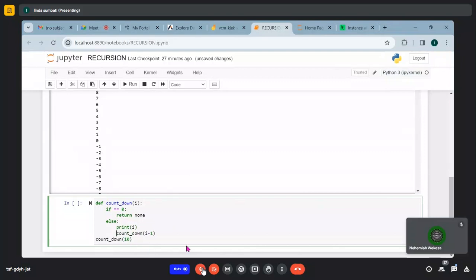Is that okay? Which one should come first? Is it the countdown i-1 or print i in the else? I'm wondering. I think let's see.